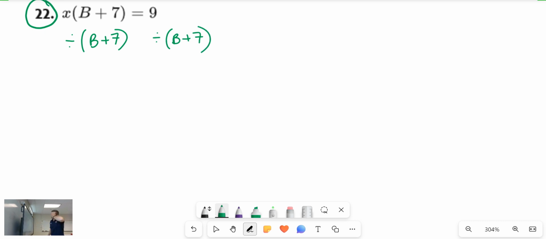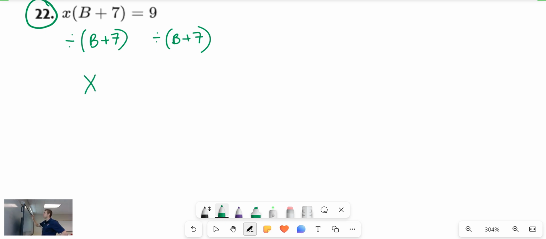Now you might think that is just awful. We have this x times b plus 7, and we should do something more elegant. But the simple fact of the matter is that all we want to do in these problems is get x by itself, which this will accomplish.